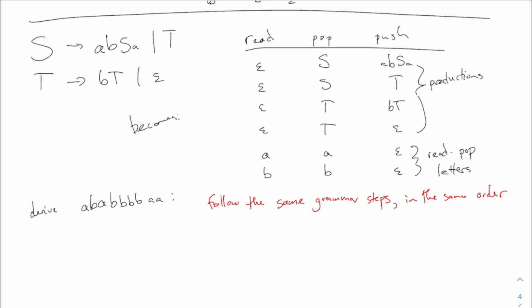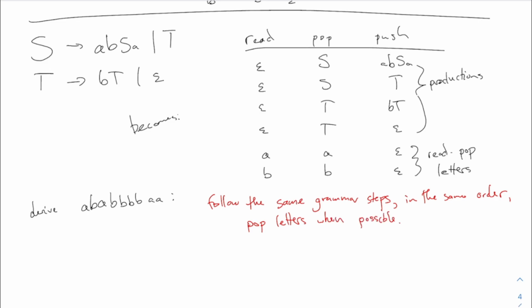Since almost all of my stack rules are epsilon transitions, you have many choices in each step of what you're going to do next. How do you decide what to do next? You think about what you did in the grammar derivation and do that same stuff in the same order. So let me extend my pro tip here: follow the same grammar steps in the same order and pop letters when possible. You'll see what I mean by that in a moment.